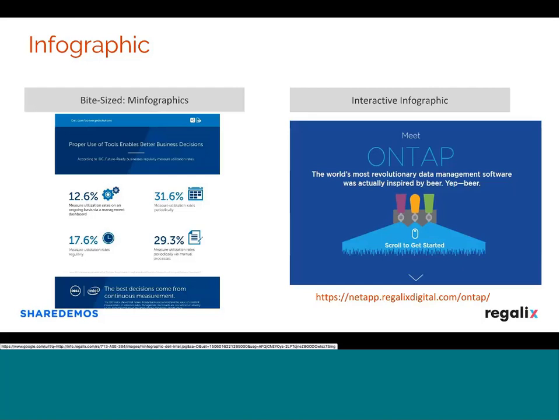For example, 31.6% measure utilization rates periodically, so we wanted to highlight this, and that is where came the concept of mini infographics, which are consumable.